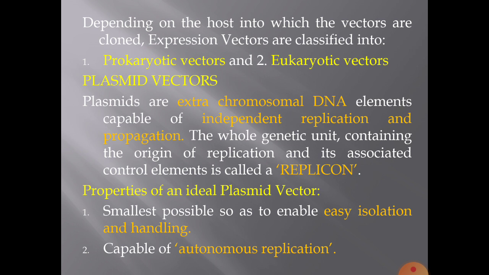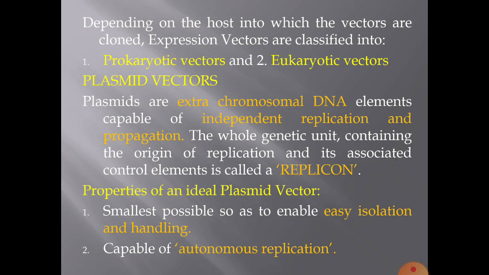Now coming to the plasmid vectors. What are they? Before going into the vectors as such, you should know what plasmids are. Plasmids are extrachromosomal DNA elements capable of independent replication and propagation. The whole genetic unit containing the ori of replication and its associated control elements is called a replicon.